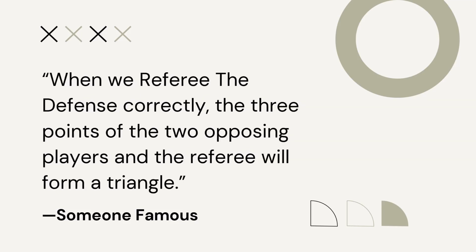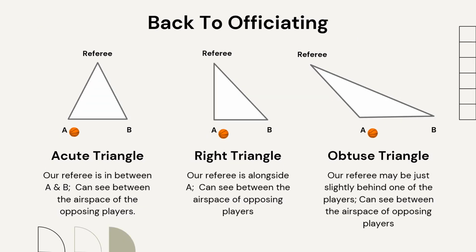When we referee the defense correctly, the 3 points of the two opposing players and the referee will form a triangle. Again, we have three different triangles which refereeing the defense correctly will form: an acute triangle, a right triangle, or an obtuse triangle.